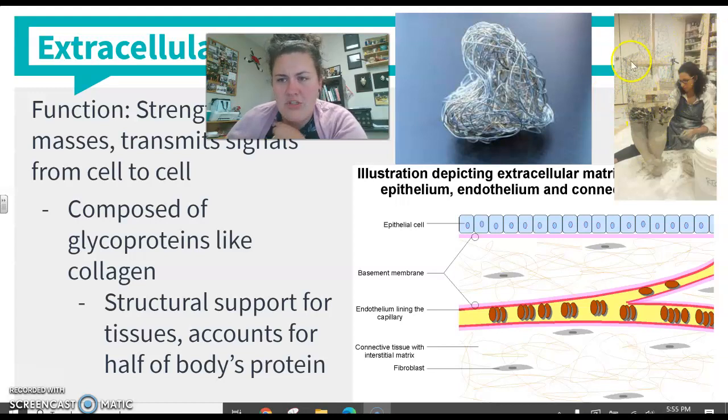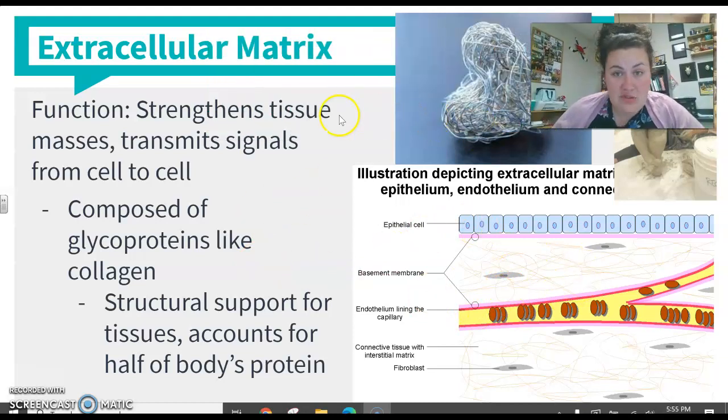I don't remember. But she's making this frame, an armature, to help her build her actual thing, so it doesn't have to be just a solid mass. That's how we are. We have a lot of this non-cellular stuff going on to support these cellular components. Now, about half of your body's protein is tied up in these extracellular matrices. So, I just think that's super interesting.